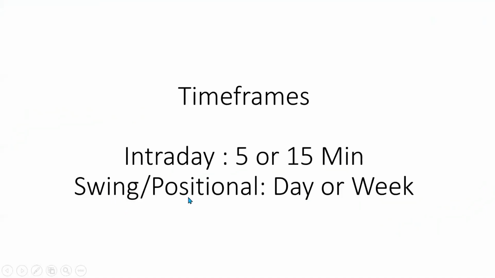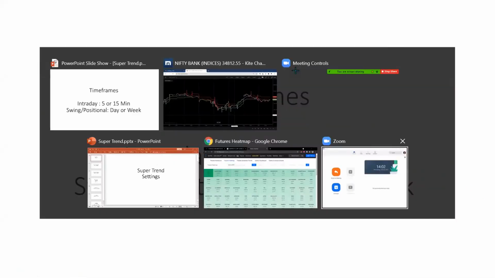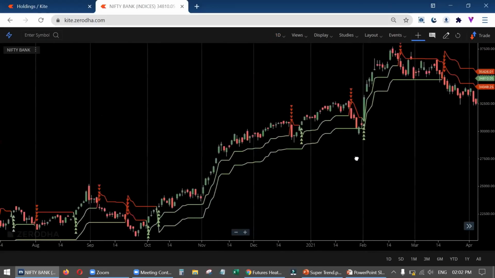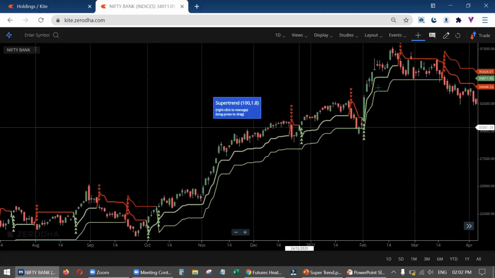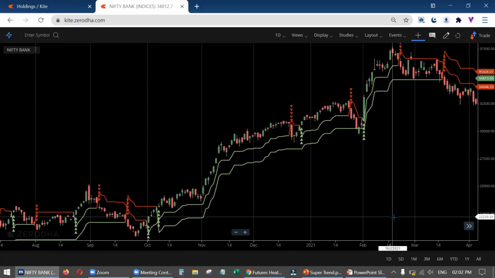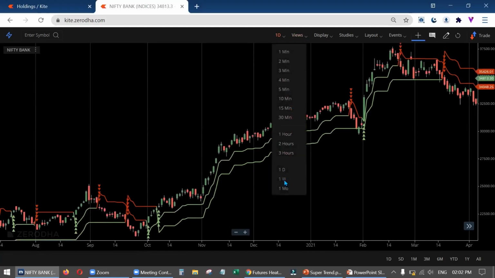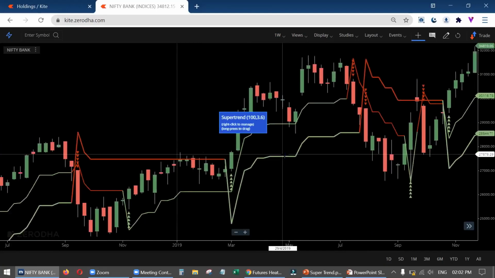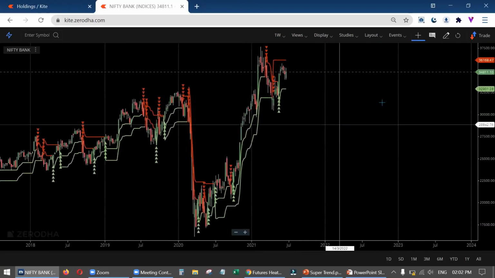Okay. For a swing or positional trader, use day or week, like I showed you earlier. So you can either switch to the day time frame. That will help you to capture this type of long trends in your overall trades. Or you can even switch it to the week time frame. If you switch to the week time frame also, it will help you to capture large trends.